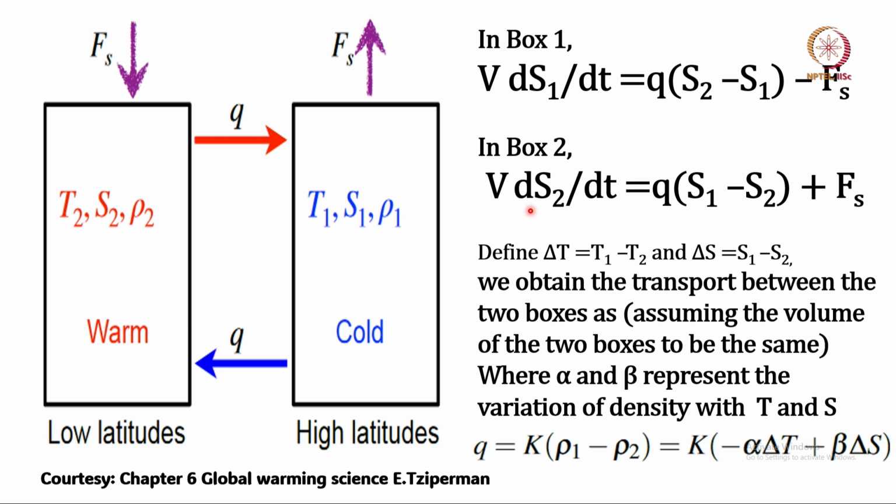So, for that Henry Stommel proposed a simple model, and I have taken the next couple of slides from the book Global Warming Science by Eli Tziperman, which I mentioned earlier, and this model consists of just two boxes, a warm box and a cold box.